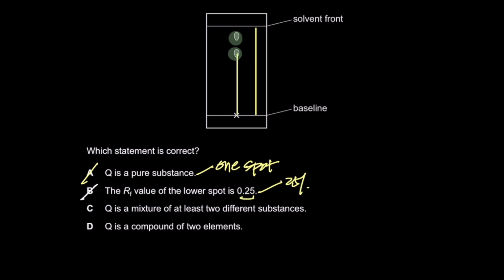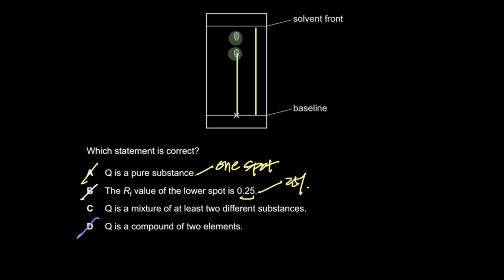Are you stupid, man? No, 2 spots does not mean that it has 2 elements because chromatography is just a separating technique. Compounds cannot be converted back into their elements by physical means, right? So saying that it's a compound of 2 elements is absurd because that's not logical. If you are implying that these 2 spots mean 2 elements, no, sir. So it may be, but it's not.